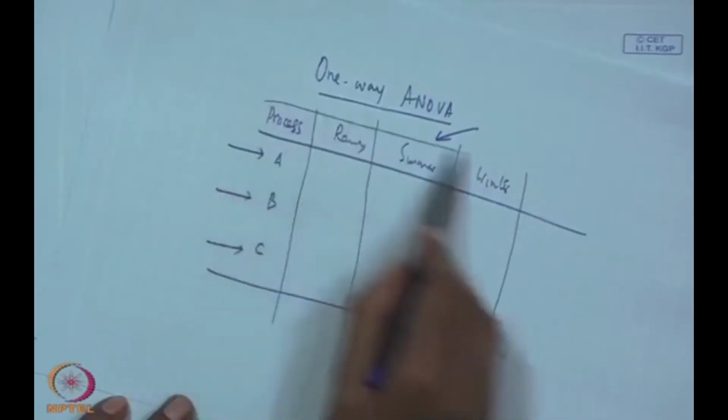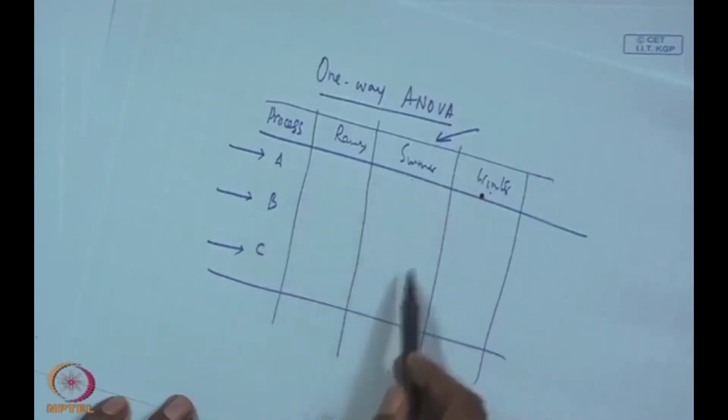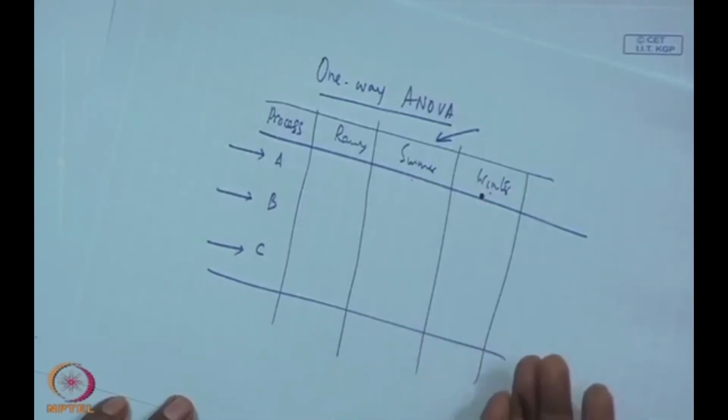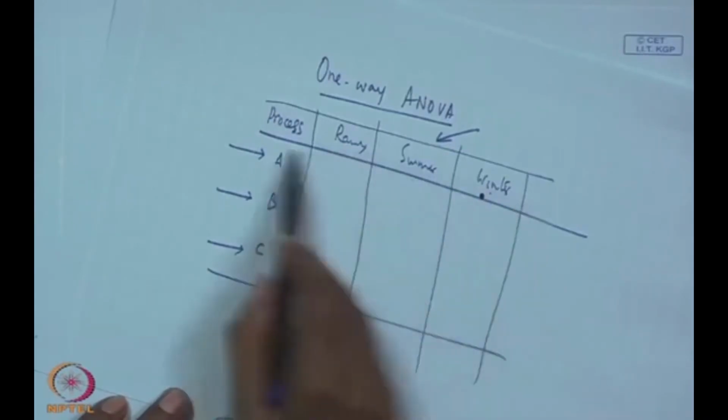Now, you do not have control over seasons. Some action plan you may be taking, but over the seasons you have no control.